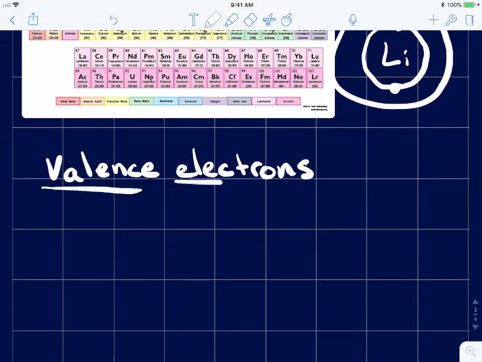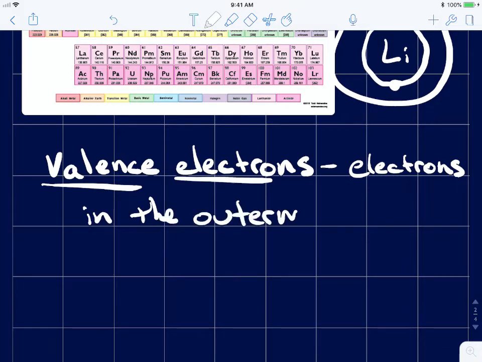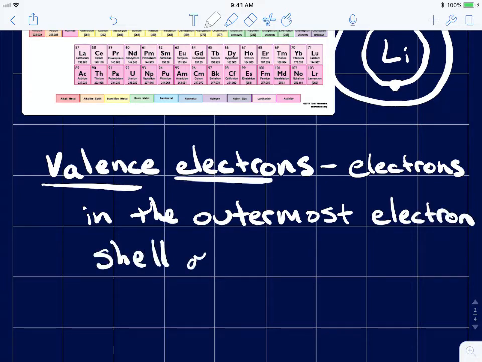What's a valence electron? A valence electron is an electron in the outermost electron shell of an atom. Well, why is that important?